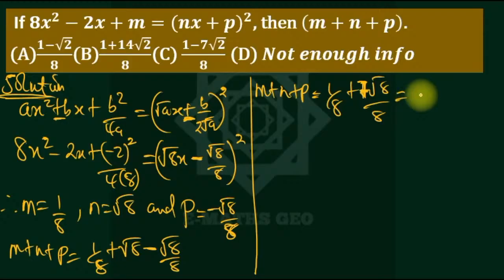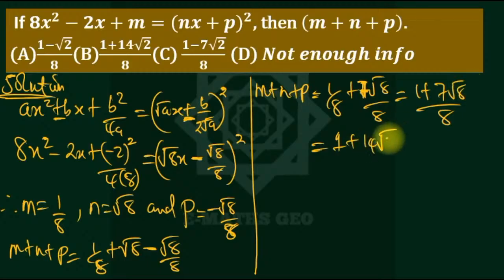So this is now 1 plus 7 root 8 over 8. So it's not in the options, but we can still simplify. So now we know that root 8 is 2 root 2. And 2 times 7 is 14. So 14 root 2 over 8. So that's the answer, which is option B. So it's a tricky one, but still simple.